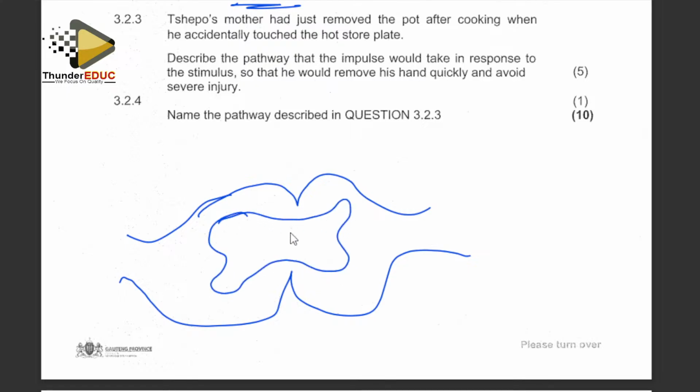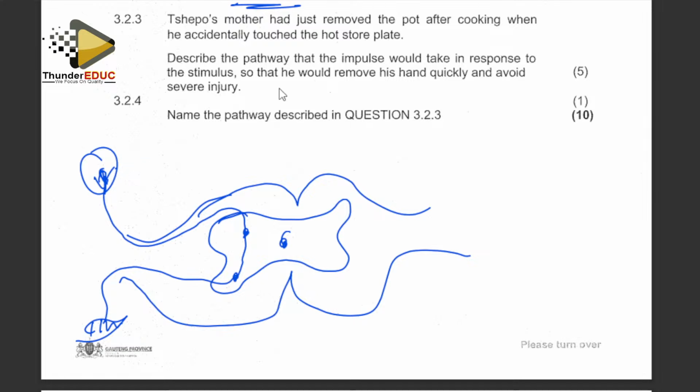They want this path. Meaning that the receptor, the thermoreceptor in the skin, will detect the stimulus and change the stimulus into an impulse, which will move along the sensory neuron to the spinal cord via the dorsal root. I'm talking a lot because they only want 5 points.